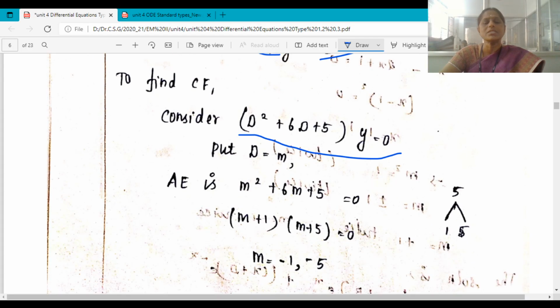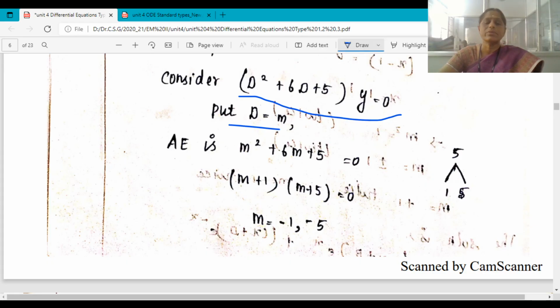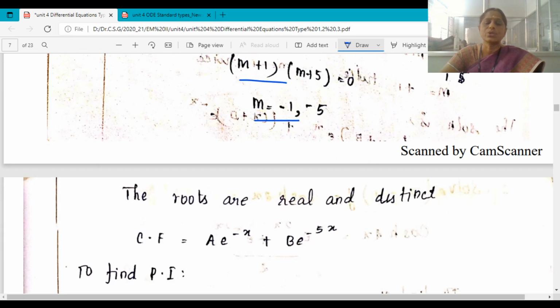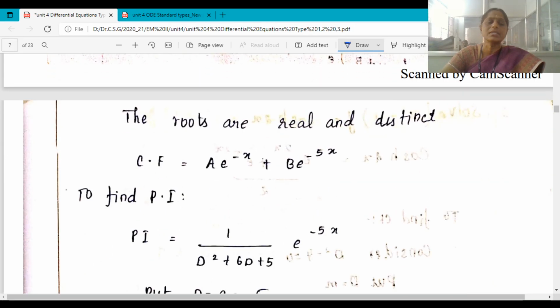The auxiliary equation is obtained by putting D equal to m, so m² + 6m + 5 equal to 0. To get the roots, we write 5 as 1 into 5: for multiplication it is 5, and for addition it is 6. So (m + 1)(m + 5) equal to 0, and the roots are minus 1 and minus 5. The roots are real and distinct, so the complementary function is a e^(−x) + b e^(−5x).